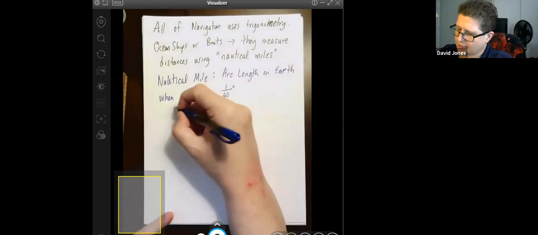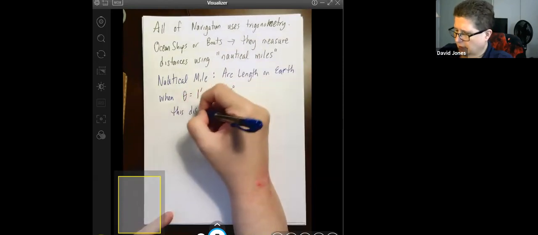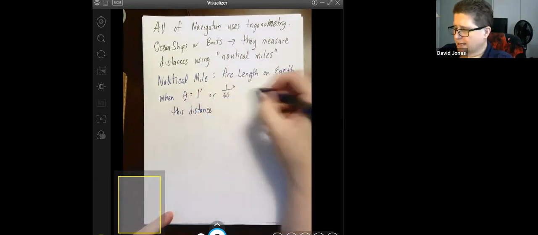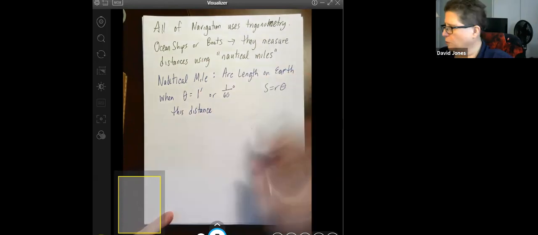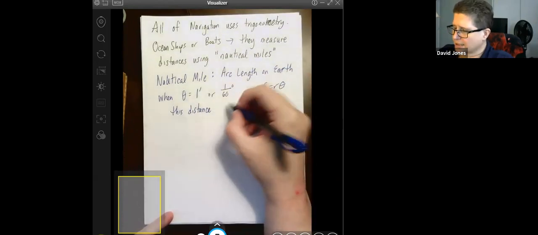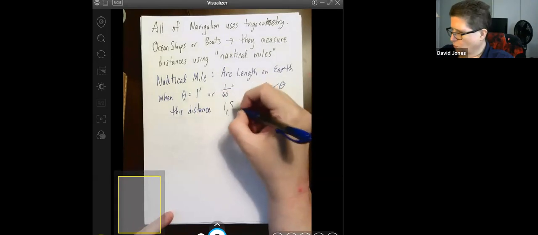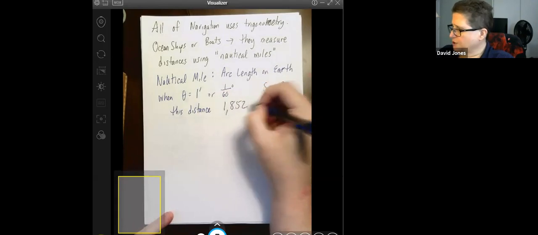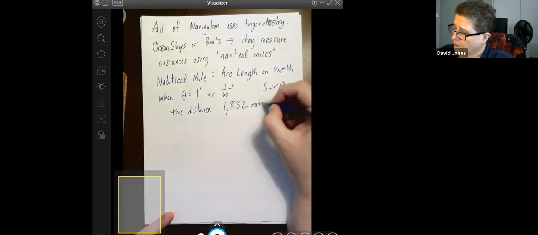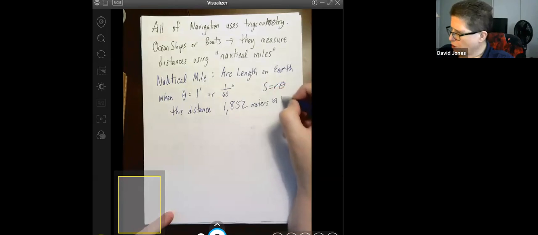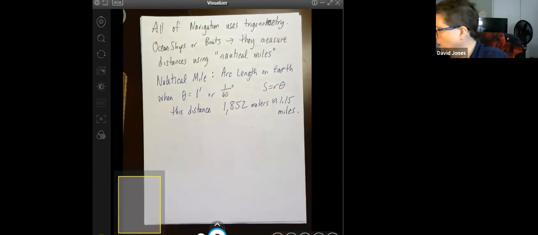This distance, using S equals R theta and the R we had before, is approximately 1,852 meters, or as you know it, about 1.15 miles. So it's a little bit longer than a regular mile.